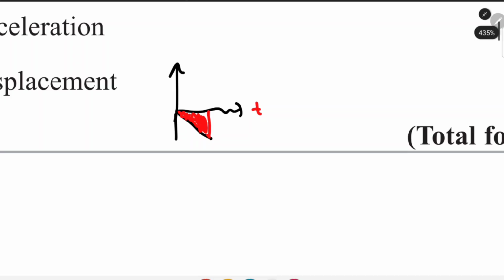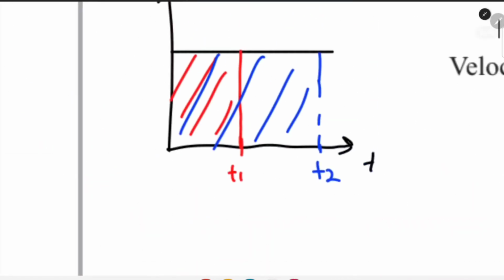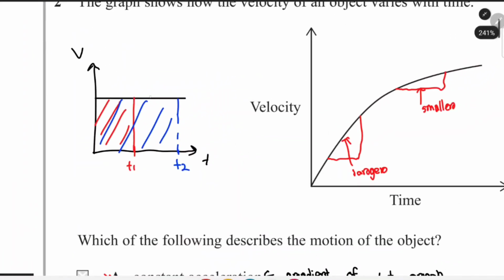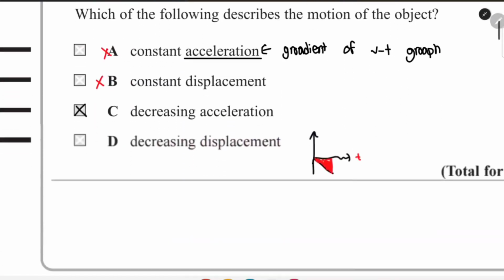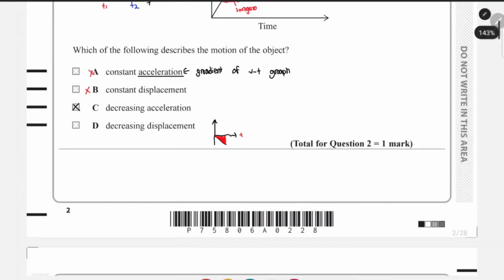So if this area is under the time axis, then you have a decreasing displacement. In any other case, so cases where the velocity time graph is in the positive y axis or above the x axis, as it goes on, the area under the graph is increasing, so the displacement is increasing.